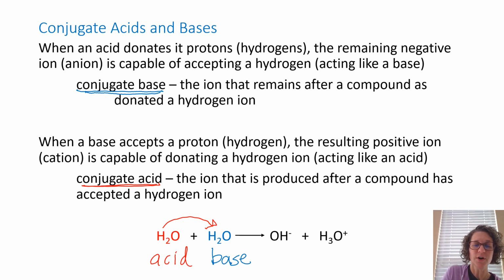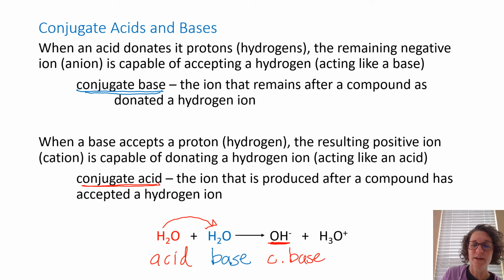First off, this acid that we started with, the red H2O, when it gives up an H, ends up as this OH. So it now has lost an H, so it just has an OH, and I'm going to put a capital C for conjugate. Now it would be considered the conjugate base.